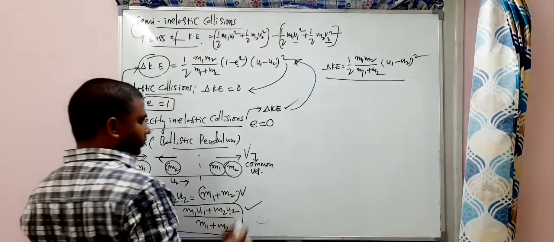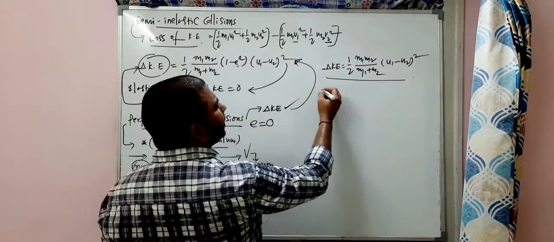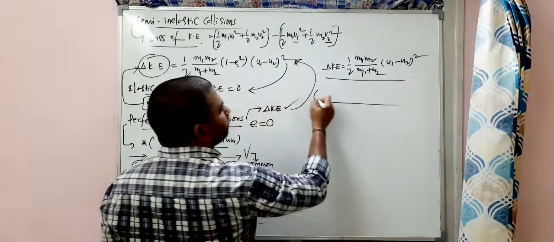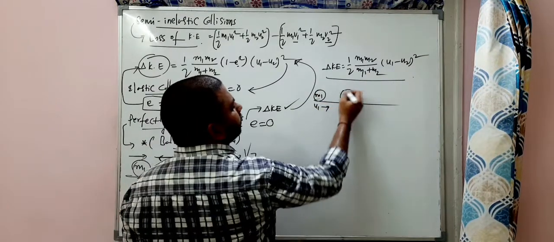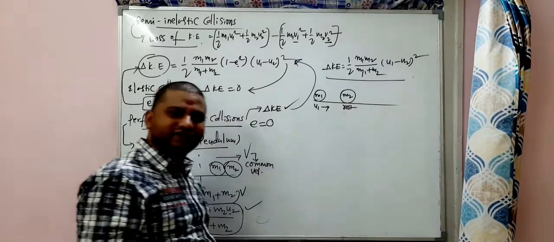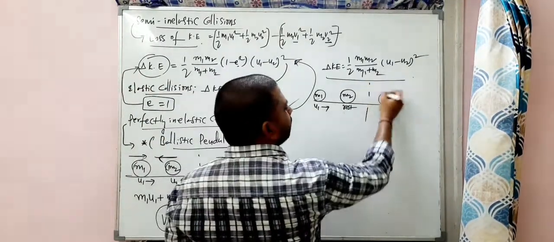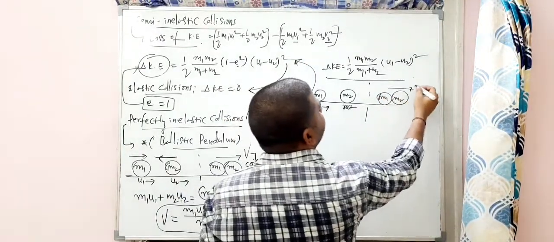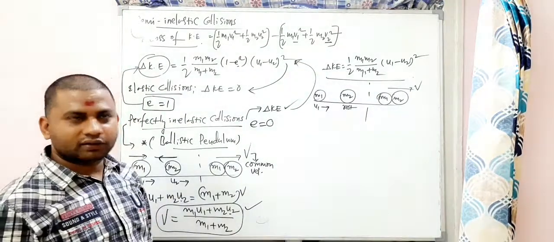Alright? Now, what I just wanted to tell you is, m1, one body moving with the velocity u1, and m2 which is at rest. Good, which is at rest. After the collision, both the bodies are sticking together and moving with a common velocity v. Alright?